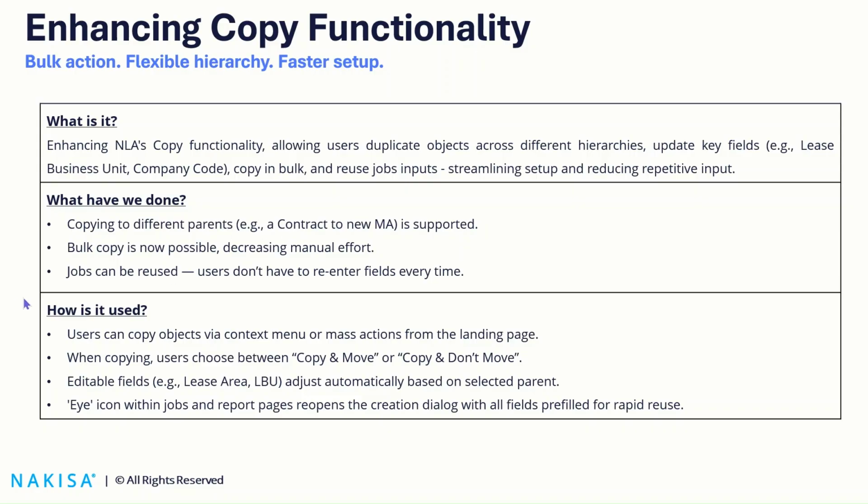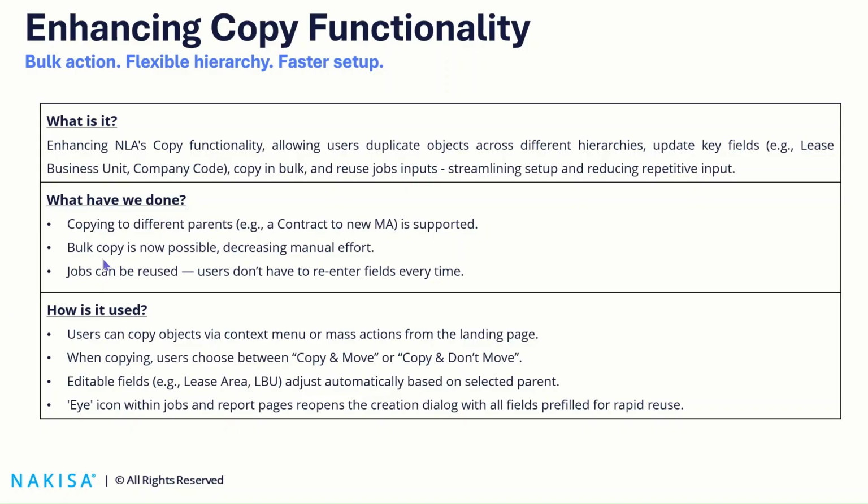Next, we also now offer bulk functionality, so you can copy multiple objects at the same time into another existing parent object, or as mentioned before, another master agreement for contract objects. So what happens is it's going to decrease manual effort in recreating these objects again, for one object or in bulk.